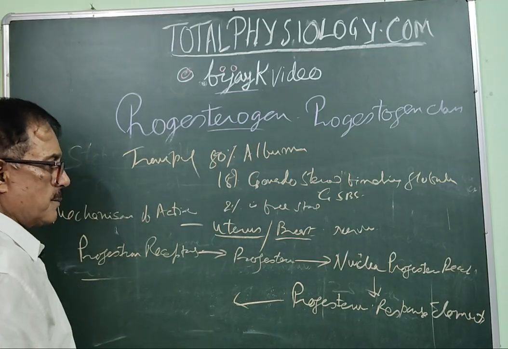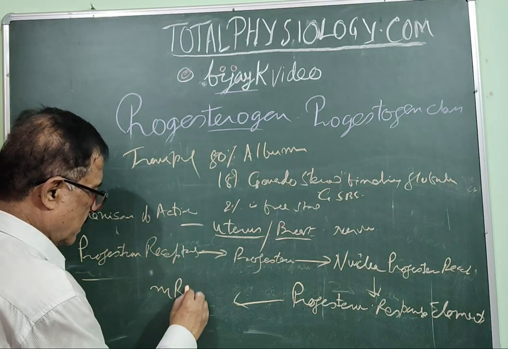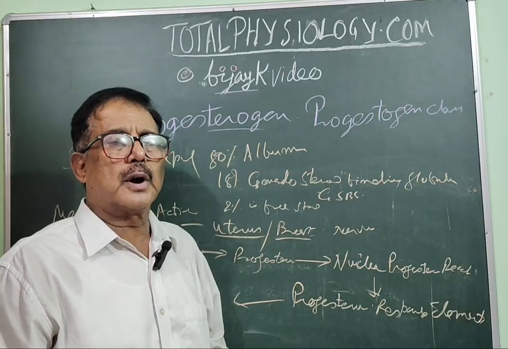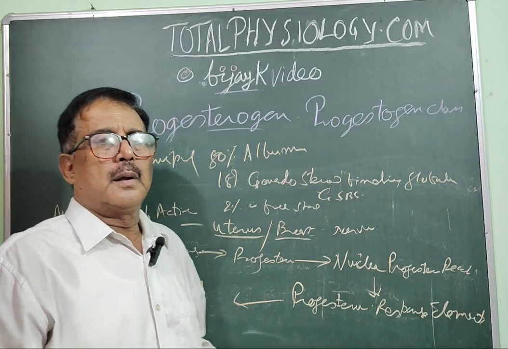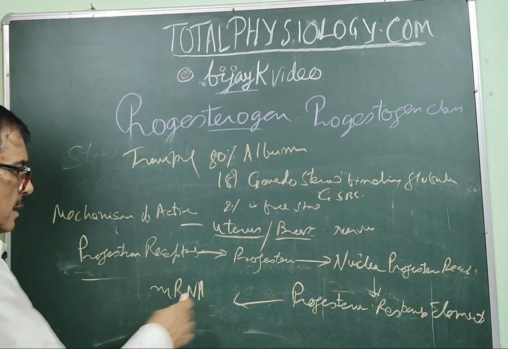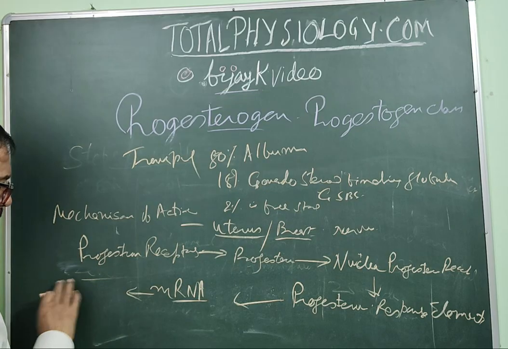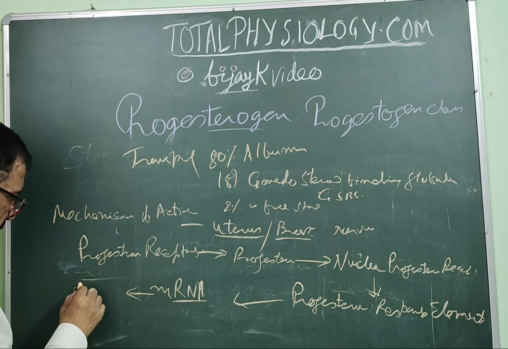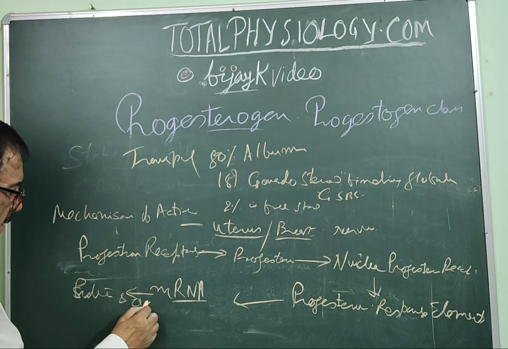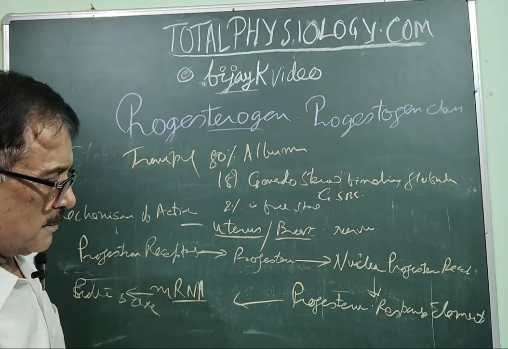The progesterone response element will combine with DNA at a specific sequence of genes, stimulating formation of a specific mRNA, and mRNA will start formation of proteins and other substances. So this is the mechanism of action.